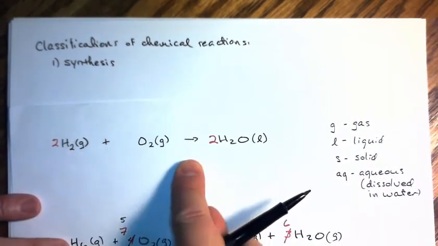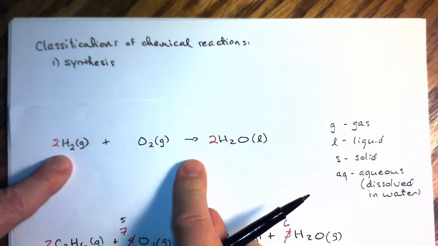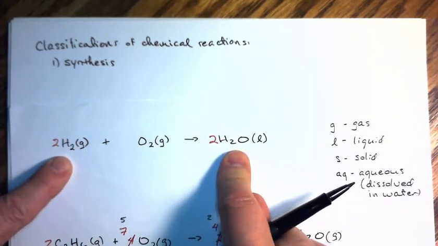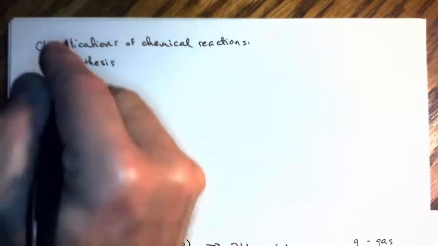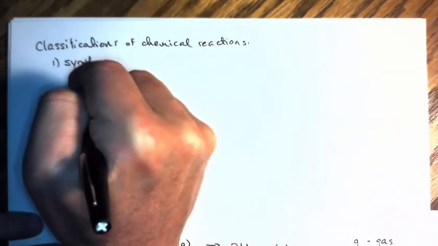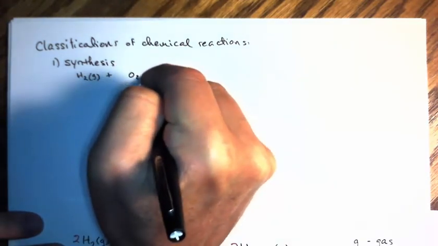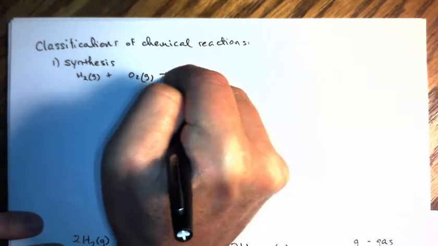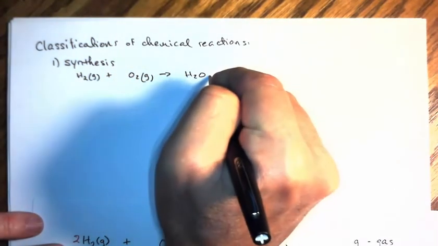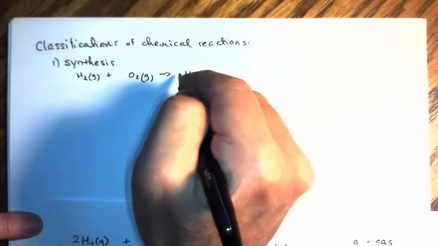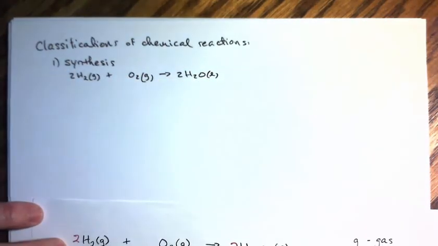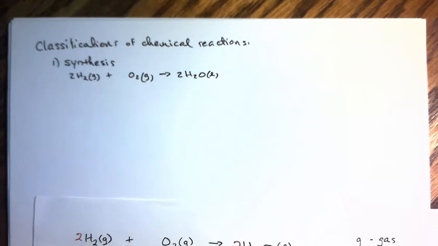So in this reaction here, I put together hydrogen and oxygen to make a more complex compound. That's a synthesis reaction. Okay? So that's a good example of a synthesis reaction. I'm going to leave a little space so you can put some more examples in there in a few minutes, okay?